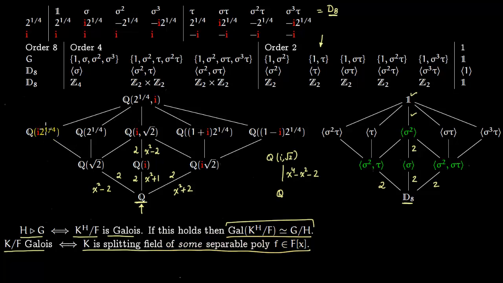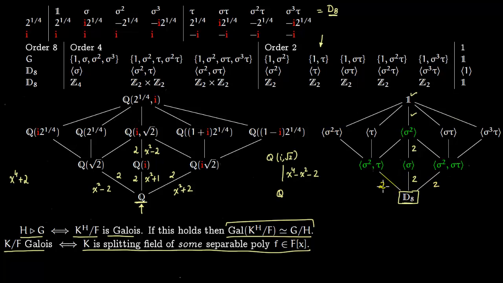So if you have to adjoin this, then you have to use the polynomial x^4 plus 2, but you see the other roots are not in here, so this extension is not Galois. So this extension over Q is not Galois, this over Q is not Galois. So again we are always talking in reference to subgroups of D8 only.